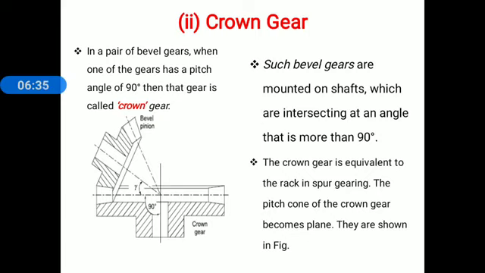Remember this. Such bevel gears are mounted on shafts which are intersecting at an angle of more than 90 degrees. The crown gear is equivalent to the rack in spur gearing. Observe the sketch: the crown gear is equivalent to the rack in spur gearing.